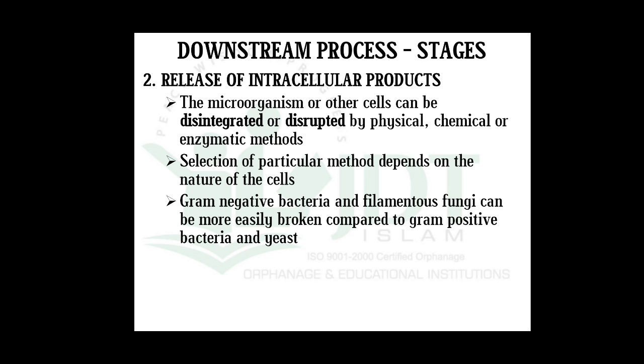Gram-negative bacteria and filamentous bacteria or filamentous fungi can be more easily broken compared to gram-positive bacteria as well as yeast. So that is one factor according to the structure of the cell. Gram-negative bacteria can be easily broken due to their thin peptidoglycan layer, compared with gram-positive bacteria, which cannot be disrupted that easily.